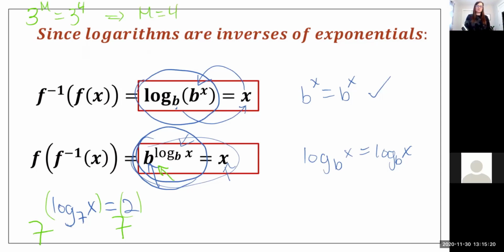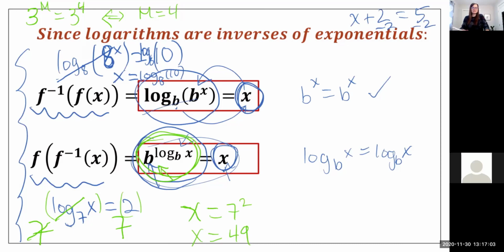And so if you reverse that statement, you can apply the same base to both sides. And this cancels it out because of it being an inverse. And on the other side, you have 7 squared. So x should be 7 squared, which means x is 49, which we knew, since log base 7 of 49 should be 2 because 7 to the power of 2 is 49.